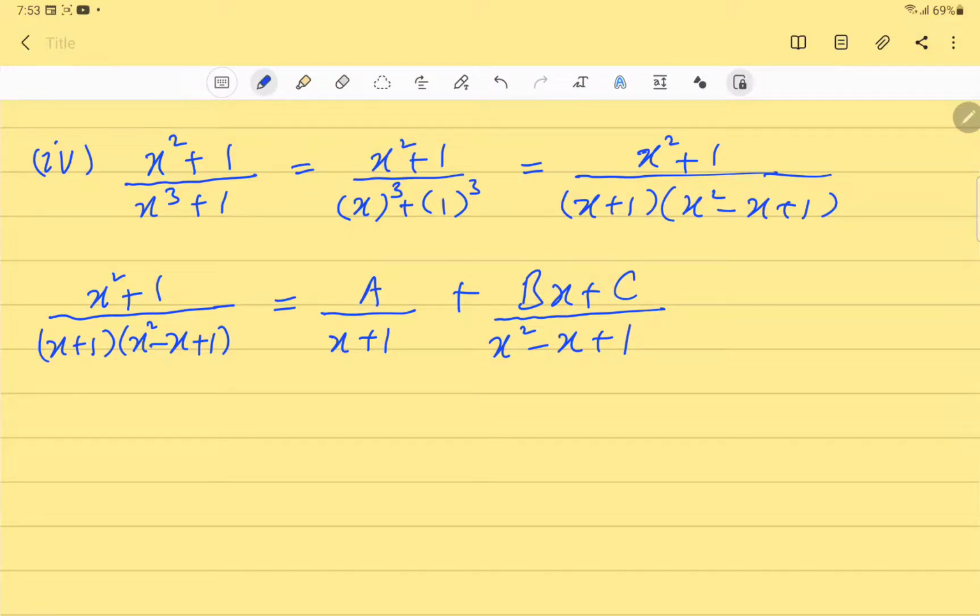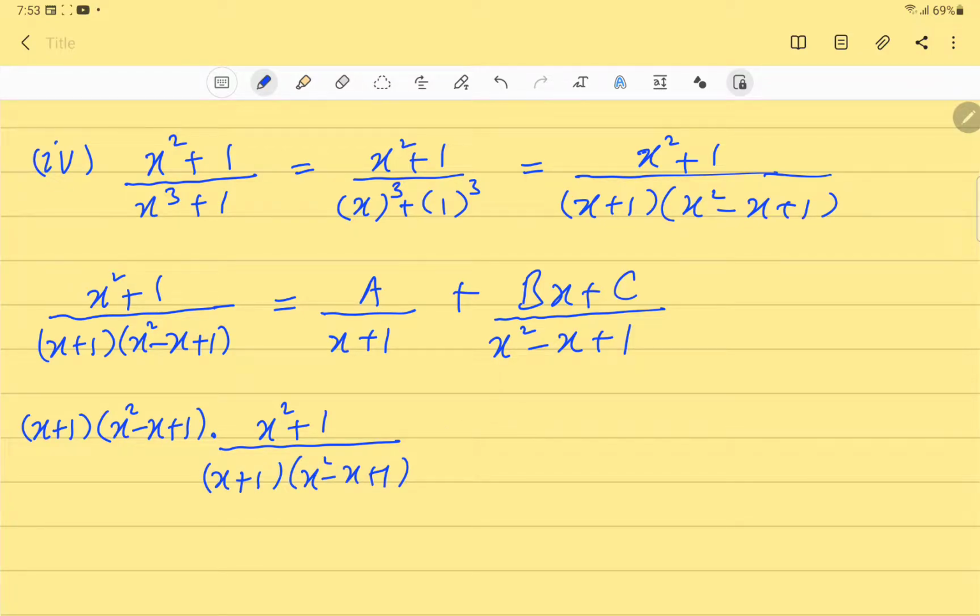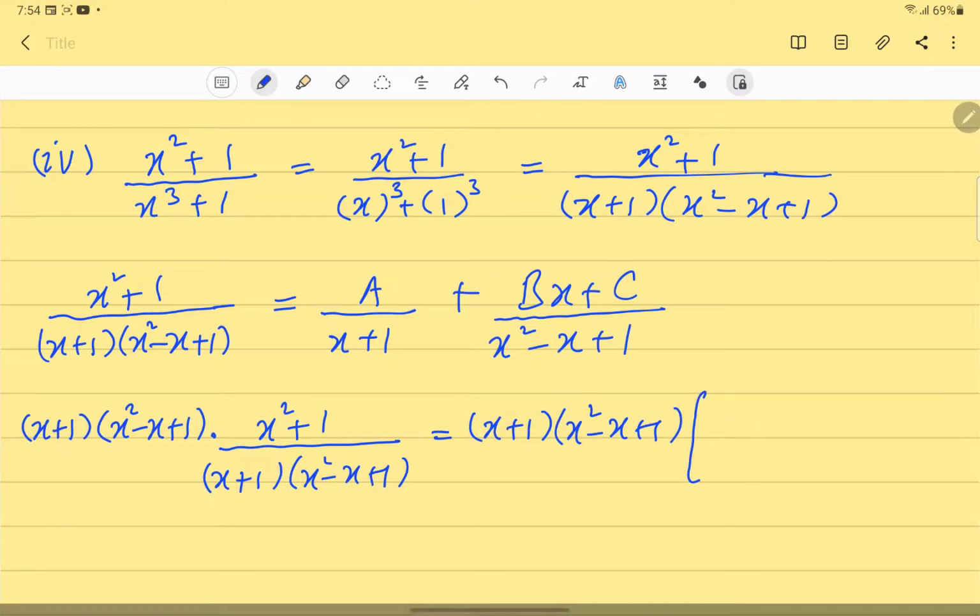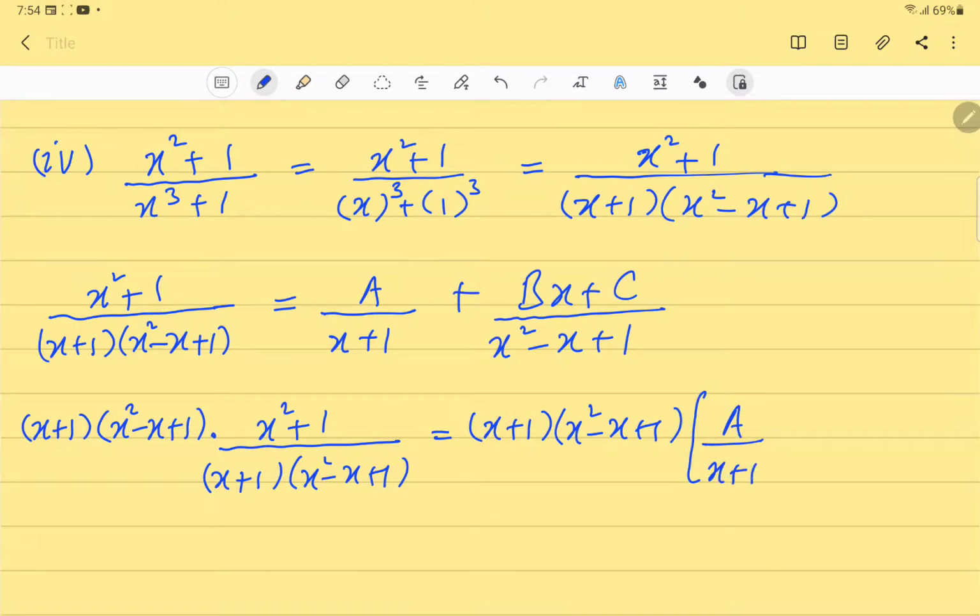Now we will multiply both sides by x plus 1 into x squared minus x plus 1. A over x plus 1 plus bx plus c over x squared minus x plus 1.